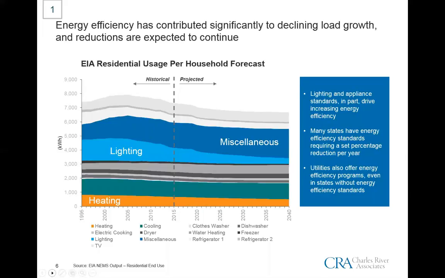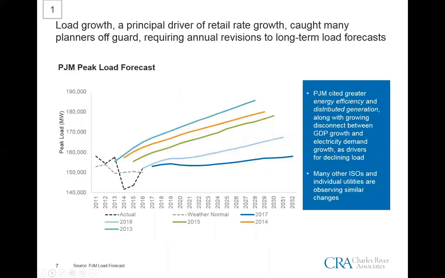Moving to the next slide, I think most utilities and energy ISOs generally knew there was this trend toward greater energy efficiency, but for various reasons, some of them probably more corporately motivated, utilities have had fairly robust forecasts for quite some time that are only now coming down, and this manifests itself to some degree in what we've seen in PJM's load forecast.